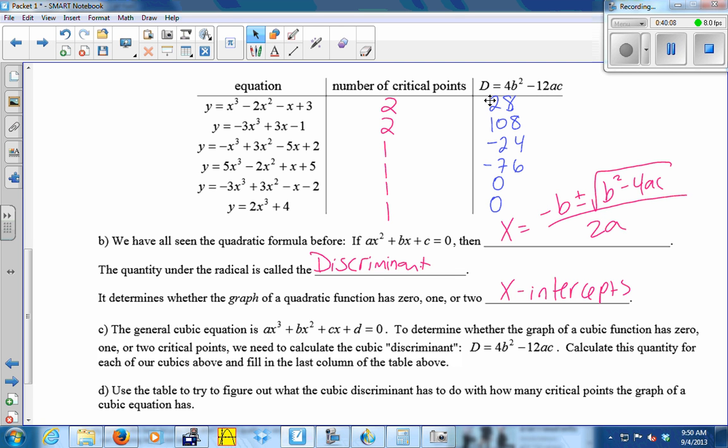So maybe we should go back to some of these equations and make sure that there's really only one critical point. Let's check. I'll check one of the zeros, this one.